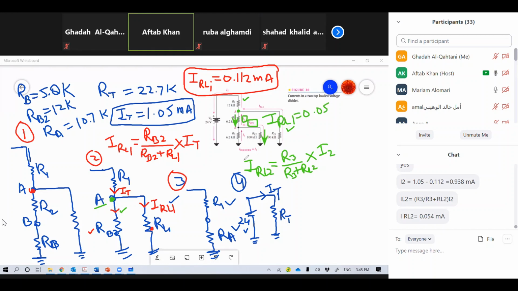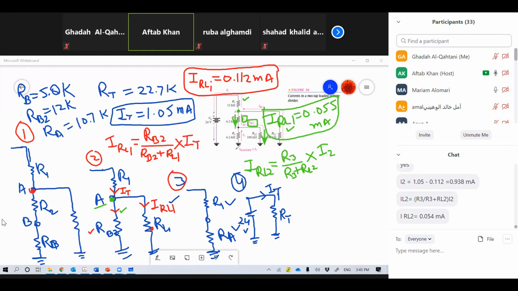How much do I consider? 55. 55 milliamps. Okay, girls. Now, if you just look at this picture, we have calculated IRL1 and IRL2, both the load currents already.